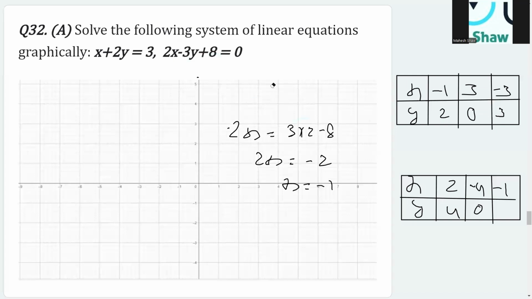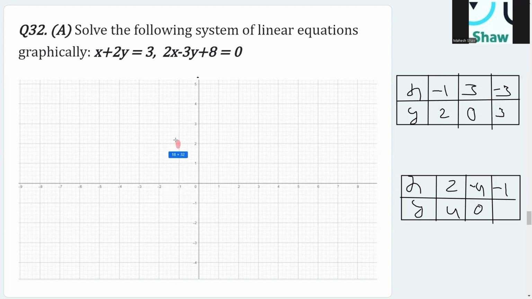Now what I'm going to do is plot this on the graph. For that, you have to first make the x and y axis, which I've already made here. Now for the first, we have x minus 1, y 2. So it's going to be this point. Next is x 3, y 0. x 3, y 0 is this.